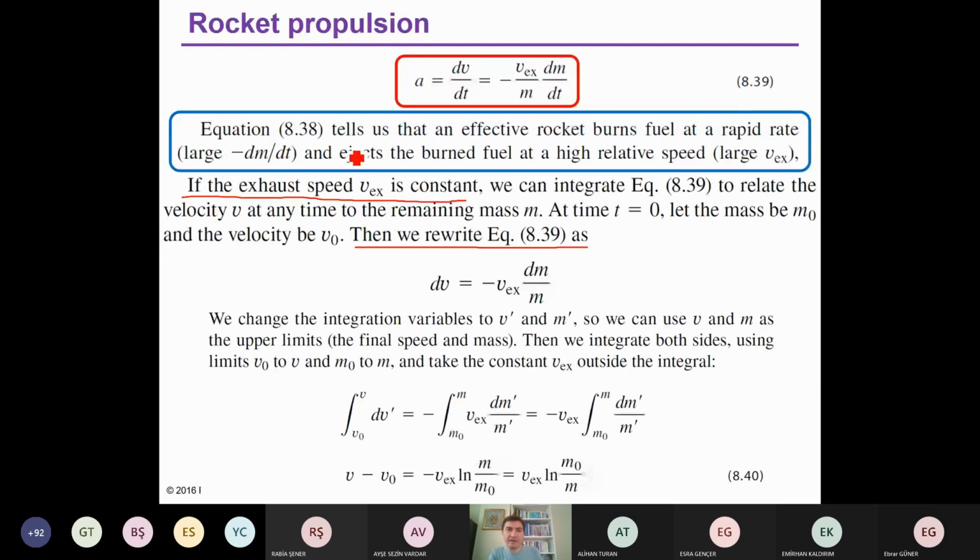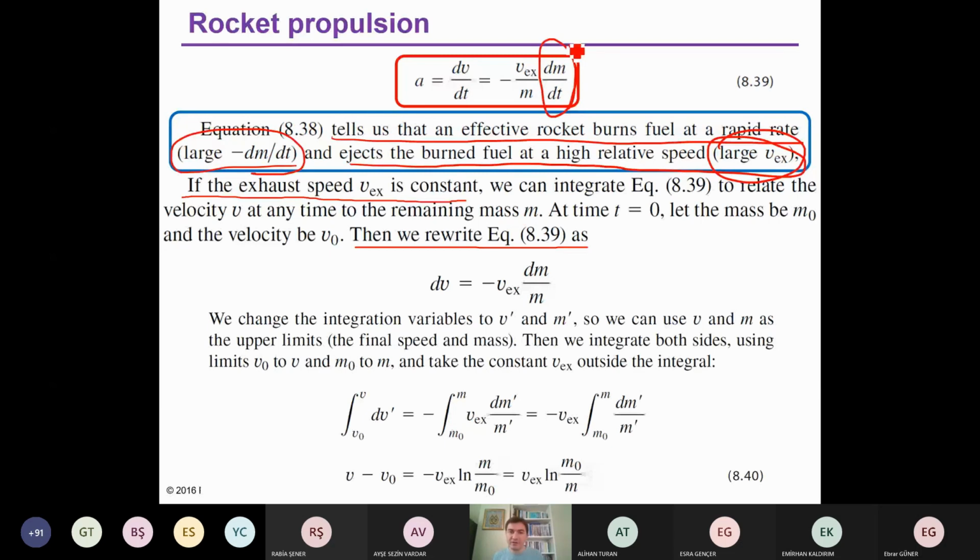So this equation here tells us that an effective rocket burns fuel at a rapid rate, large dm over dt, and ejects the burned fuel at a high relative speed. So in order to produce good rockets, in order to produce good missile defense system, you have to consider these two important terms here, okay?